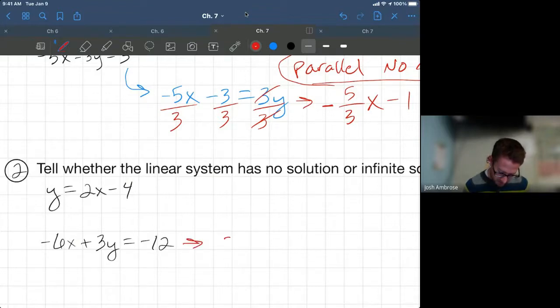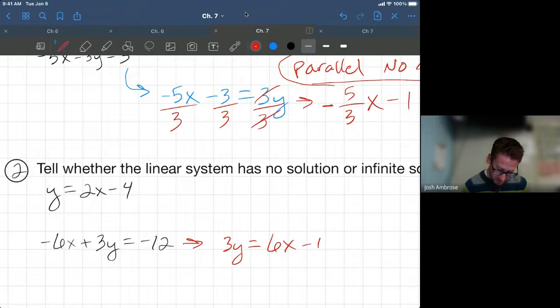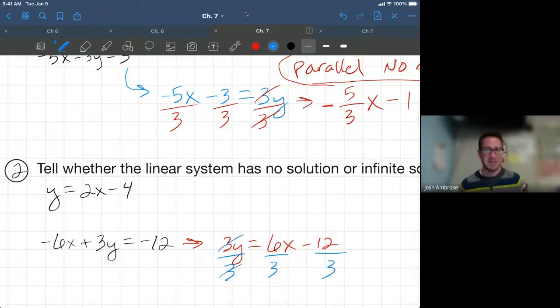That's going to leave us with 3y equals now a positive 6x. This was a negative. I moved it, so the sign on it changes. It's a positive, and minus 12. All right, now everything will be divided by 3 because we need to isolate y, get y by itself.